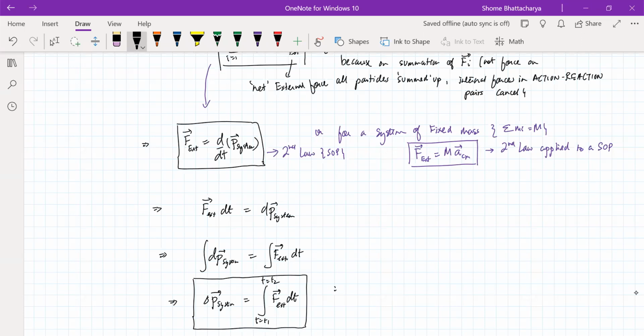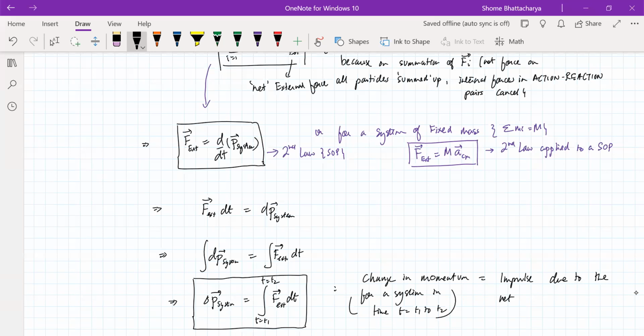So this statement is like the change in momentum for a system in time t equal to t1 to t2 equals the impulse due to the net external force in the given interval. And therefore, this is called the impulse momentum theorem.